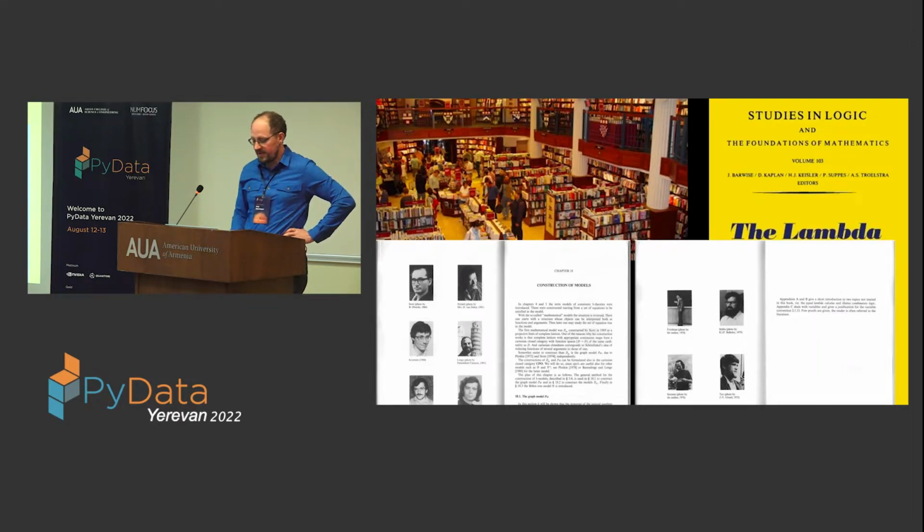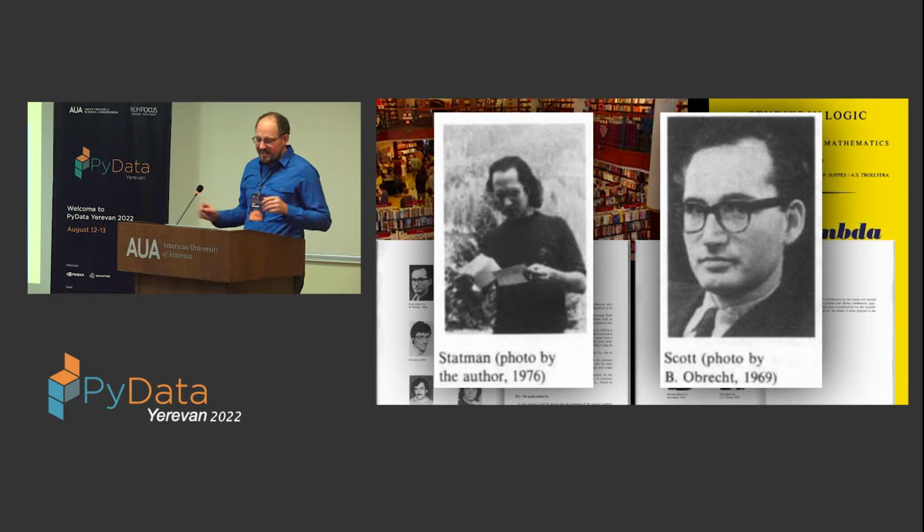So, continuing this funny story, Henk Barendregt had pasted some photos of the researchers in the sections in this book I was reading. I was so excited, I went and contacted some of these researchers, and ended up doing my PhD, spending 4 years working with Rich Statman, and extending some research by Dana Scott, just out of this book, just to learn more about the lambda calculus.